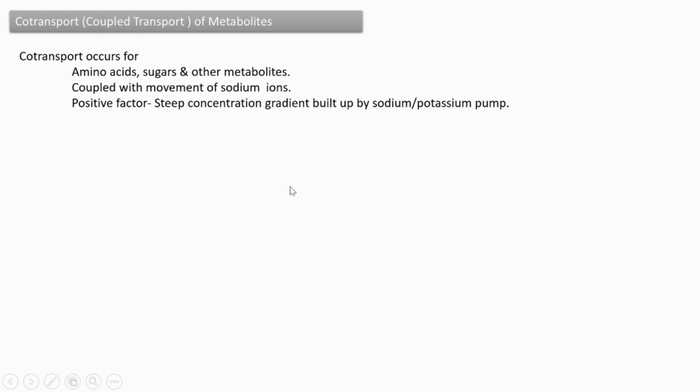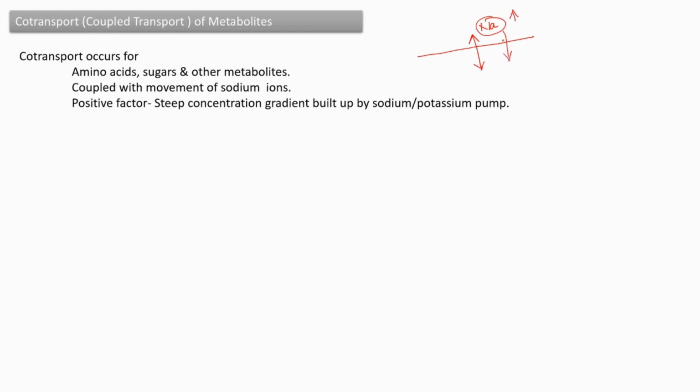We have just learned about the sodium potassium pump, and as we learned, the pump is meant for maintaining the steep concentration gradient of sodium and potassium across the plasma membrane. On the outer side of the plasma membrane, the concentration of sodium is higher, so it has the general tendency to diffuse inside.